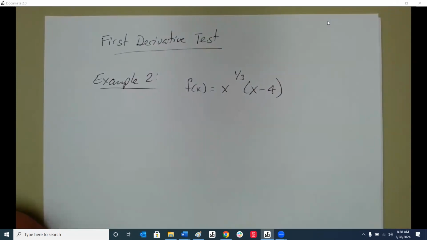Find the critical points here, and let's go further and tell me whether they're maximum or minima. How do we do that?